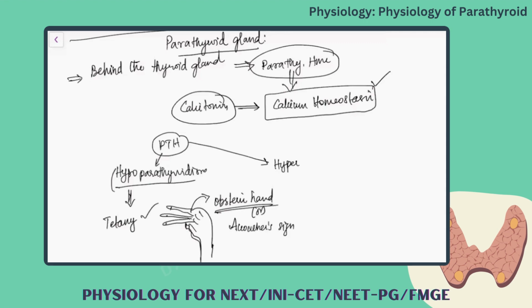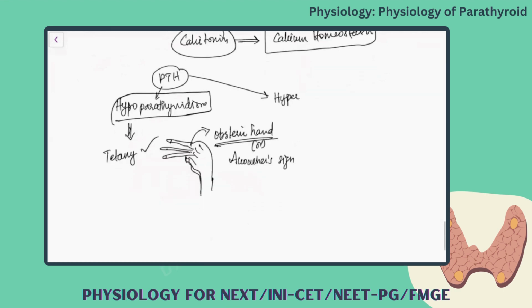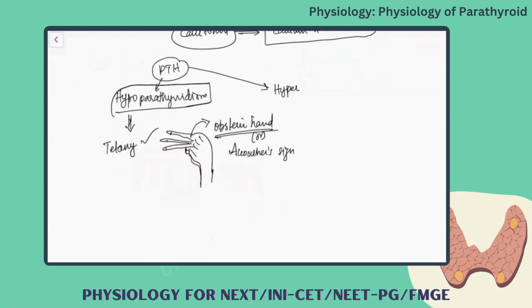It is due to the hyposecretion of parathyroid hormone. And along with this, the person will have features like tingling and numbness of extremities. And the person will always have muscular cramps because of parathyroid hormone deficiency, which will not maintain the calcium homeostasis.